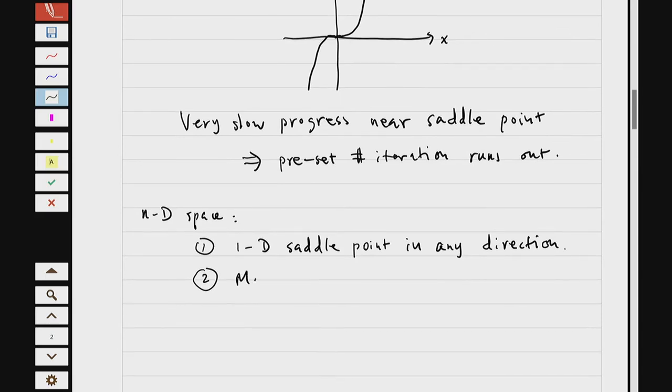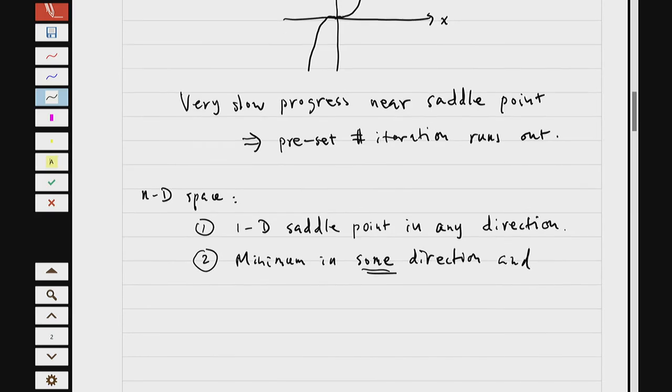It is a minimum in some direction, and it doesn't matter if it's a global or local one. Equally bad. And a maximum in some other direction.